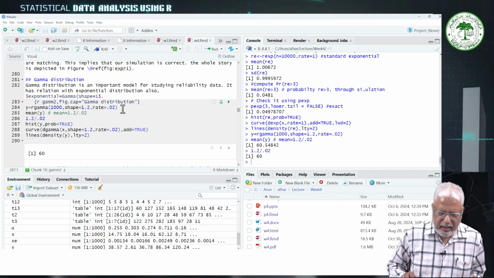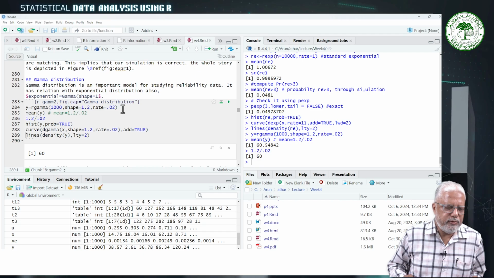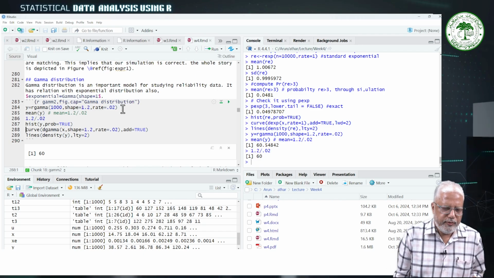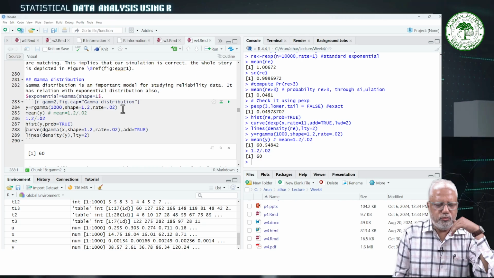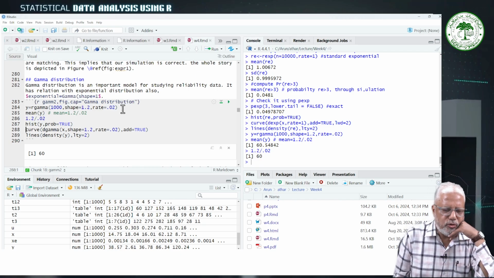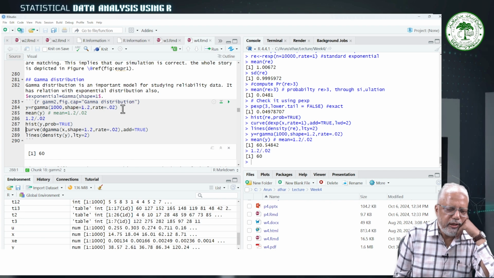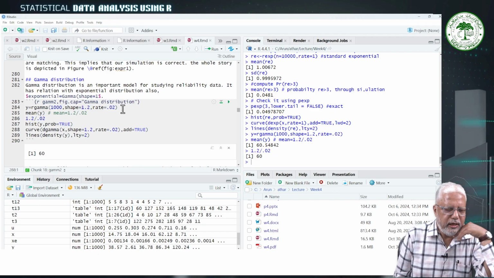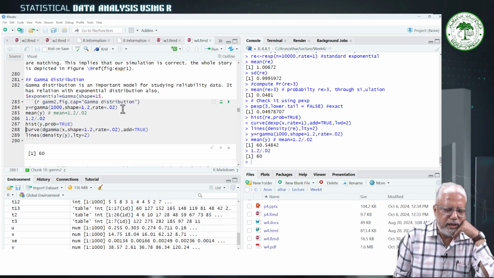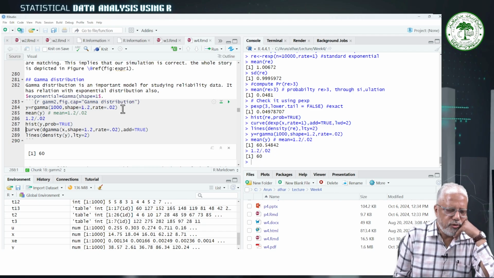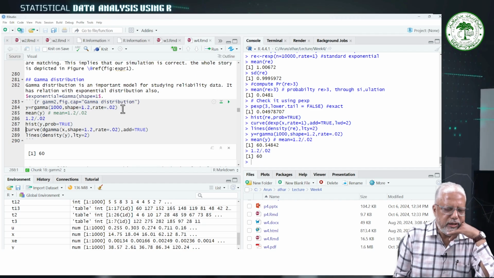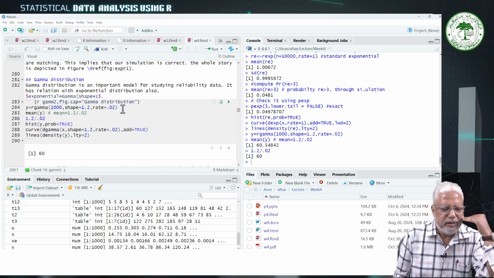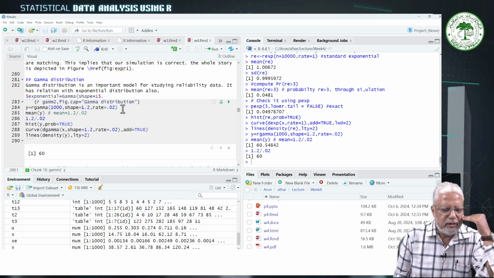Then we add a curve of dgamma, the exact curve with shape is equal to 1.2 and rate is equal to 0.02 and add is equal to true, and then we add lines density of y, LTY is equal to 2. So, here again lines density is the density estimate of y, and we are adding this as a line.